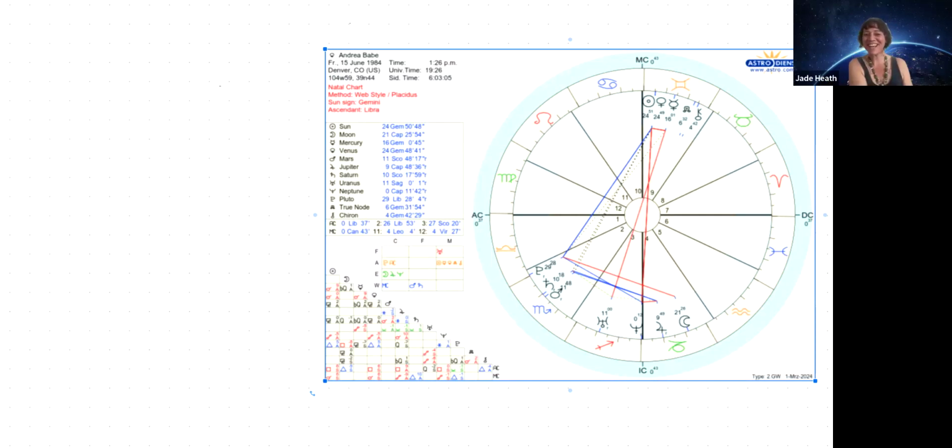I can't trade them in and get new ones. This is what I have. There is always shifting. This is just the natal signature.